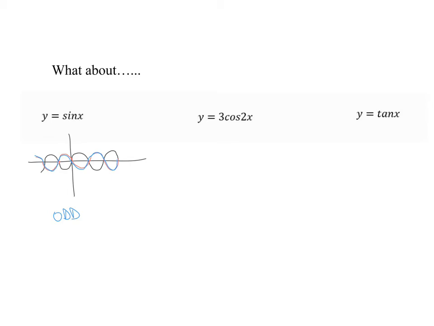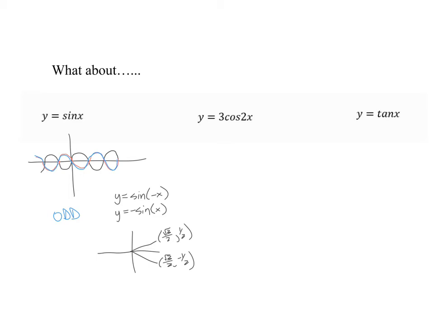If we were going to try to prove it algebraically, we would have sine of negative x for our horizontal reflection, and we'd have negative sine x as our vertical reflection. Now, it's hard to prove that those are equal to each other mathematically. We'd have to go to the unit circle where, let's suppose we have 30 degrees. So our coordinate at 30 degrees is 1/2. If we did negative 30 degrees, our coordinate would be negative 1/2.